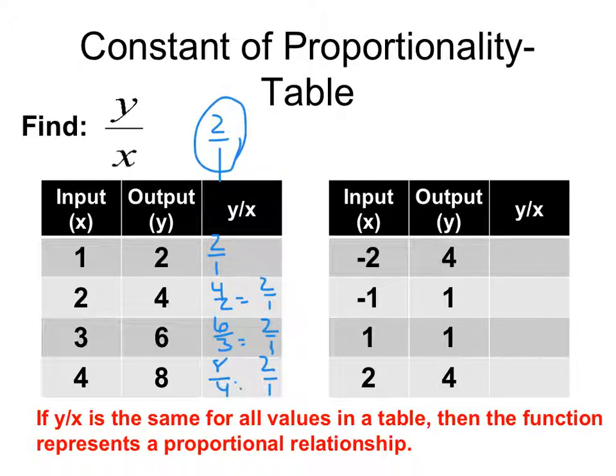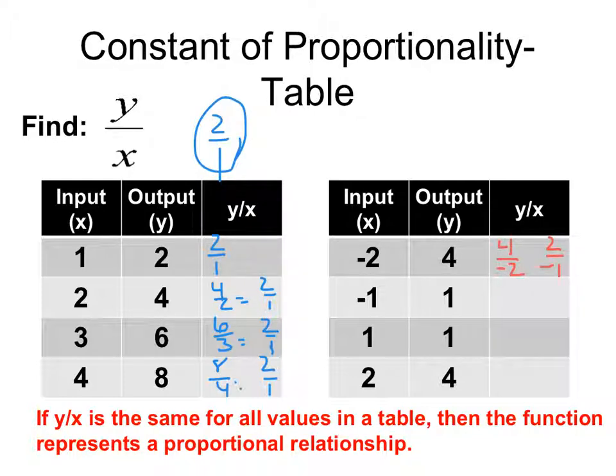Now, as I look at the second table, I'm going to again take the ratio of my y's to my x's, and I'm going to simplify. For the first set of numbers, my first x and y values in the second table, I have the ratio of 4 to negative 2, which simplifies to 2 to negative 1.